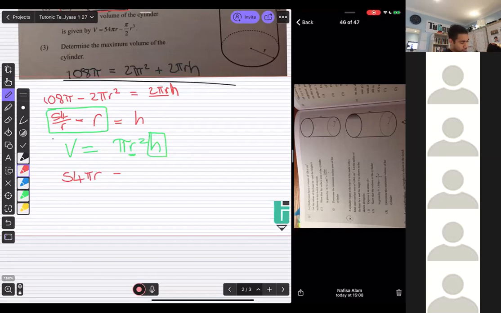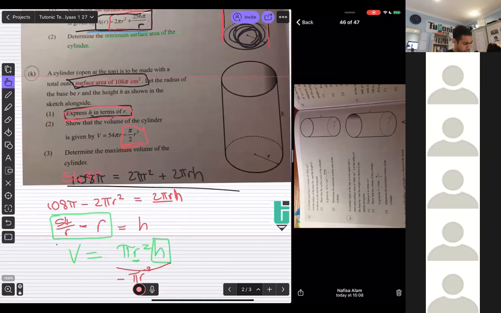Why does it say pi over 2 r cubed? Can you guys still hear me? Okay. Pi r squared times 54 over r, which is 54 pi r. Why do they say pi over 2?